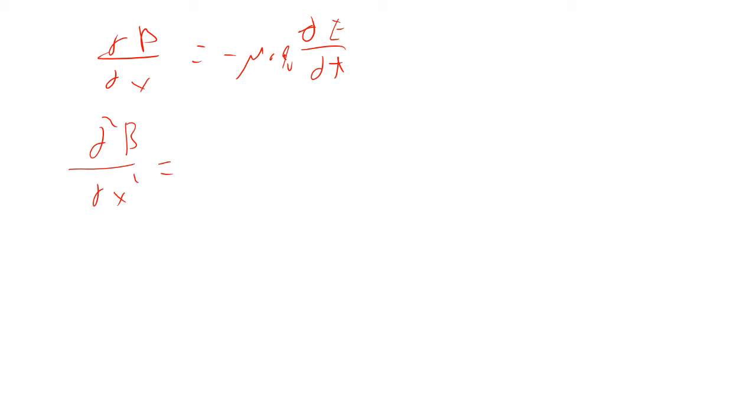Well, let's look at the other equation. Partial of b with respect to x equals minus mu naught epsilon naught partial of e with respect to time. Now do the same thing. Take the second derivative here. So take another derivative. Again, the order of the derivatives doesn't matter.